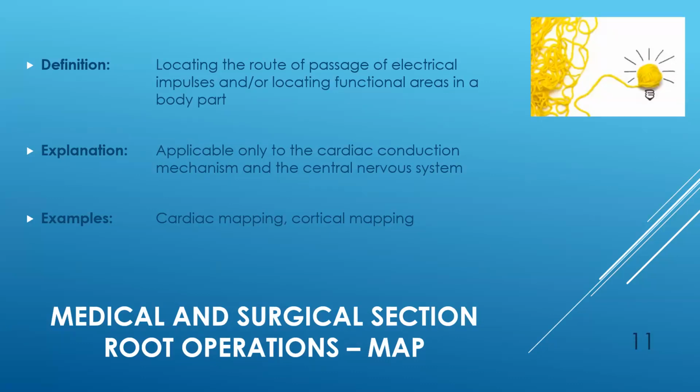It's applicable only to the cardiac conduction mechanism and to the central nervous system right now, but that may change. We may do more with the peripheral nervous system, or even as the nerves affect the urinary system and the musculoskeletal system, even skin sensations that are abnormal, that they can't get to the bottom of, but are troublesome to patients.